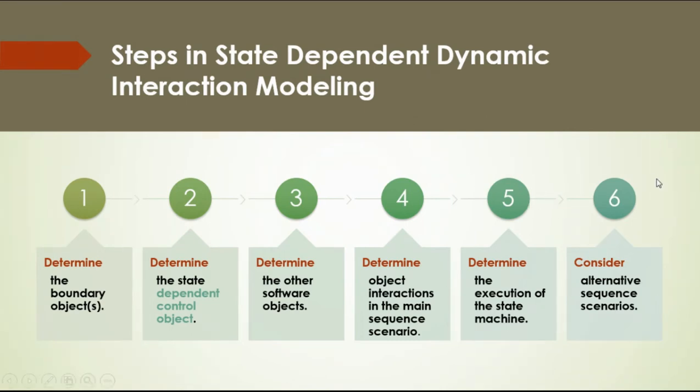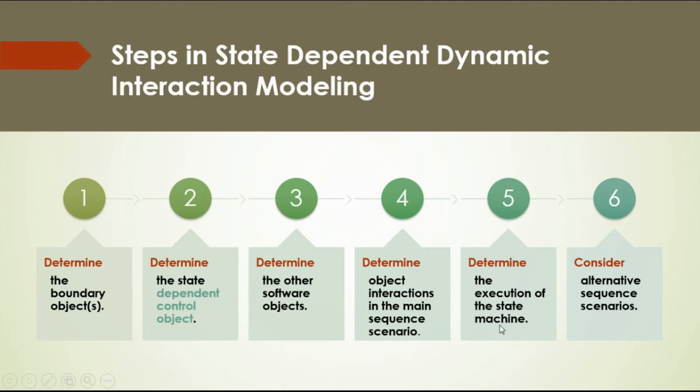So at the end, we check if there is another alternative sequence scenario. So we can now summarize our steps: first determine the objects, boundary object, dependent object, and other objects. And then determine the sequence of the program of the system.